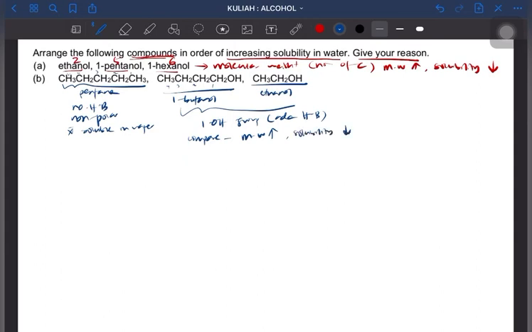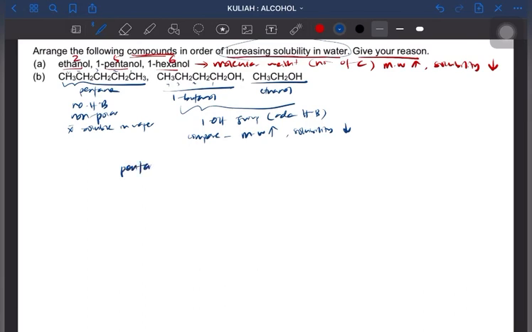Okay, so kalau kita tengok sini, bila kita nak arrange compound ni in order of increasing solubility in water, maksudnya daripada yang tak soluble kepada yang soluble lah. So kita susunlah yang paling tak soluble adalah pentane, followed by 1 butanol. Kenapa followed by 1 butanol? Sebab between butanol dan ethanol, butanol lagi besar. Dia ada high molecular weight, jadi dia punya solubility tu makin kurang. Okay, and paling soluble here is ethanol.